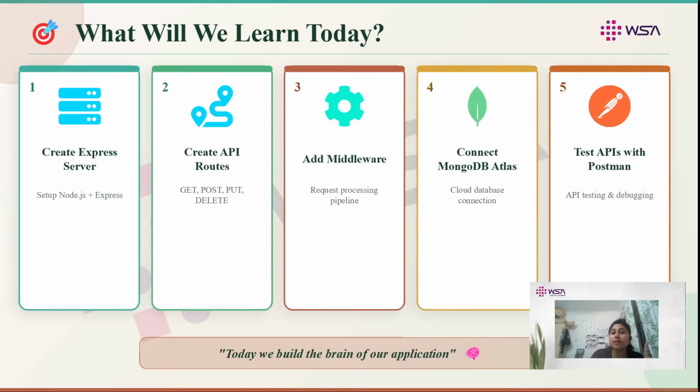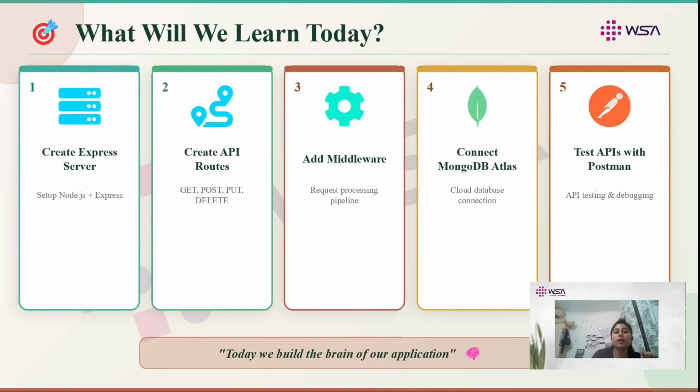Third, we will understand middleware, which is basically something that works in between the request and the final response. Fourth, we will connect our backend with MongoDB Atlas, which will store our application data online, right? And finally, we will use Postman to test our APIs.